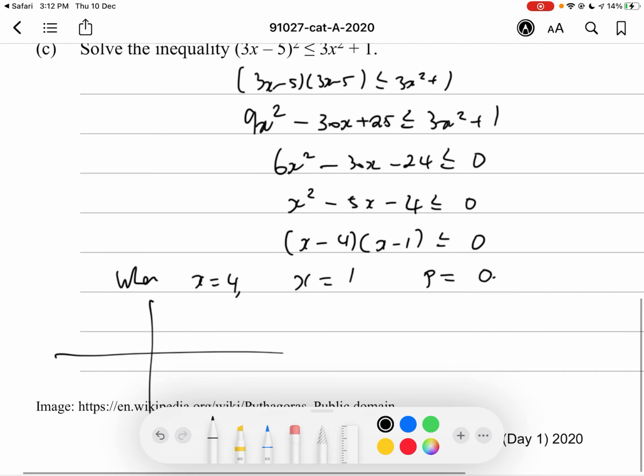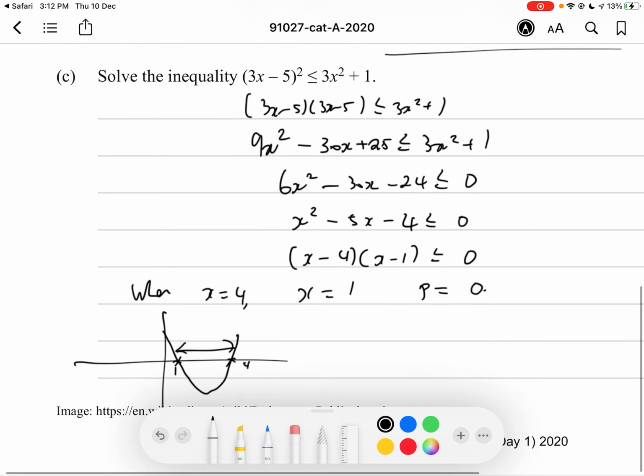If we draw a quick sketch of a parabola here, we'll see that the parabola is going to be intercepting somewhere like this. Since we're trying to find when the parabola is less than 0, the intercepts are 4 and 1. In between these two intercepts is when the parabola is below the x-axis, and hence this is when our inequality is satisfied. So that's when x is between 4 and 1.